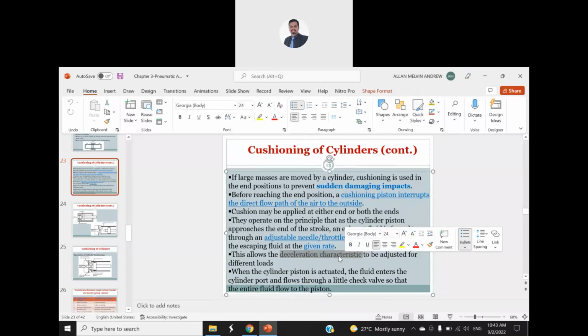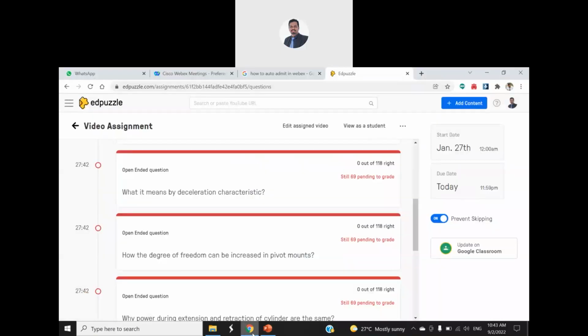So deceleration characteristic. What is deceleration characteristic? Anyone? That means it allows the air to flow to decelerate through the piston.